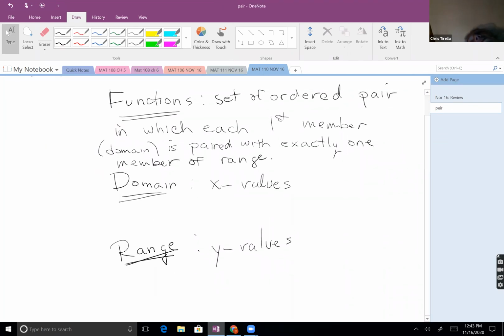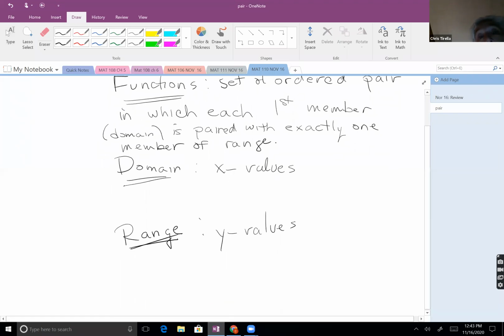We looked at them as ordered pairs. We looked at them as equations in function notation, and we looked at them as graphs.